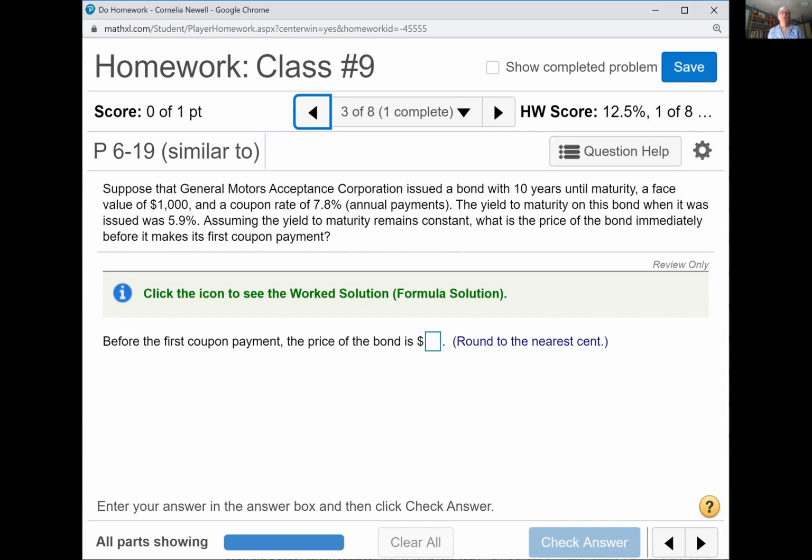So then the other question is, well, what happens when it's immediately before a coupon payment? So now we're looking at the top of those little spikes on that picture. So immediately before a coupon payment, right before the first coupon payment, we have 10 payments left, but we don't have 10 periods left.